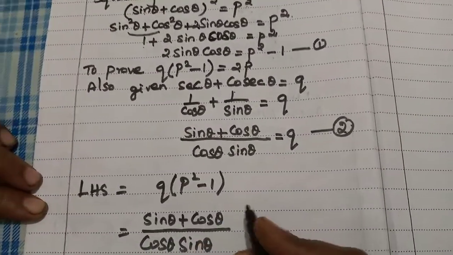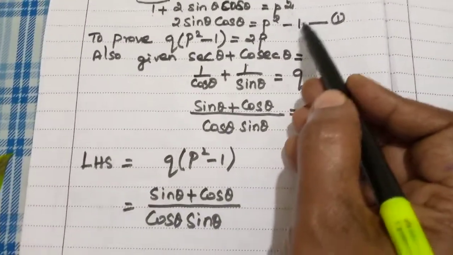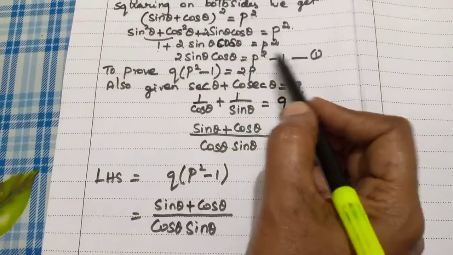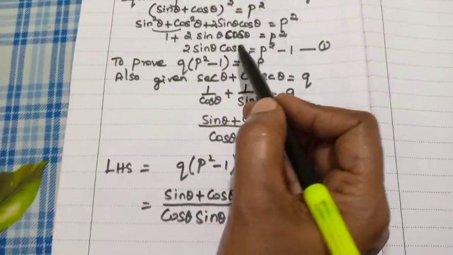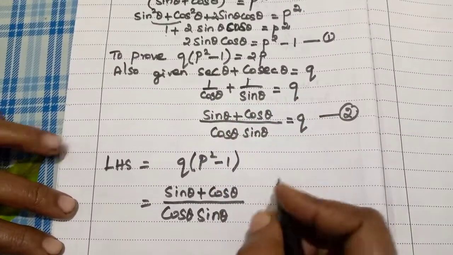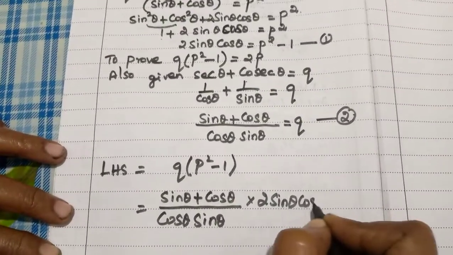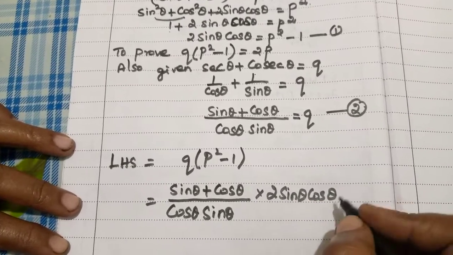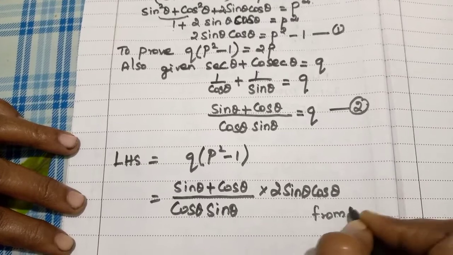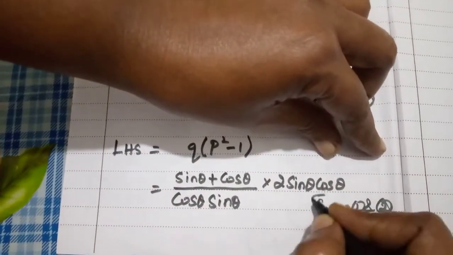Then p square minus 1 is there in the bracket. What is p square minus 1? From equation 1 we have 2 sin theta cos theta. So in place of p square minus 1 we can give 2 sin theta cos theta, from equations 1 and 2.